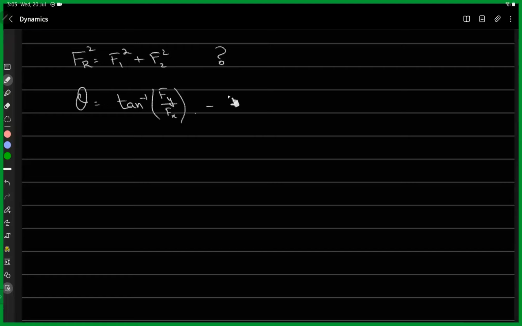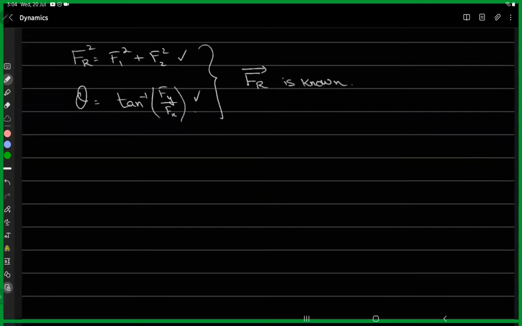Once you have these two things, then the resultant vector is known completely. This thing was just the magnitude, and this thing is a direction. Both of them combined form a resultant force vector, right? So your question is, how do I have these two things? That's what you're asking? Yeah, exactly.